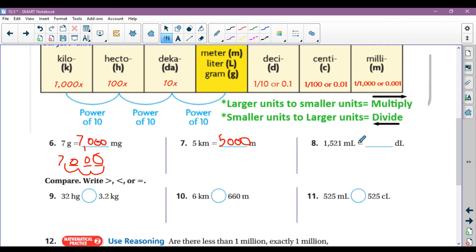Number 8, we're doing milliliters to deciliters. So you're going to go 1, 2. If we have our decimal here and we move it 1, 2, it'll be between the 5 and the 2. So you get 15.21 deciliters. Hopefully that gave you a little more practice with moving your decimal.